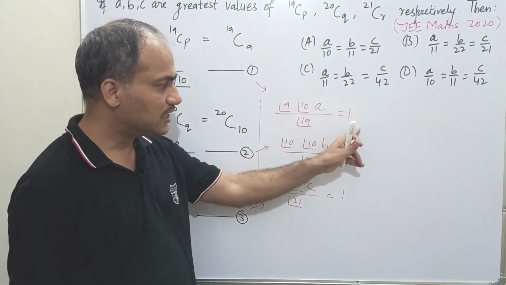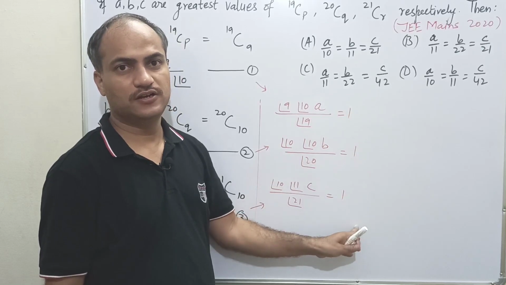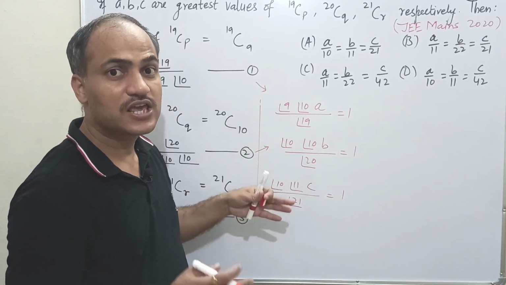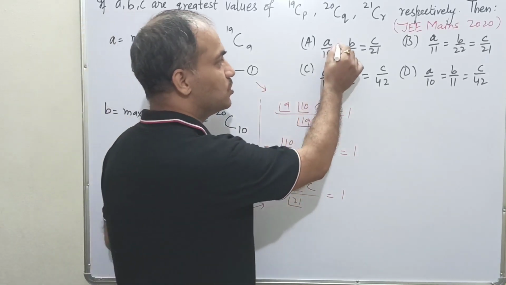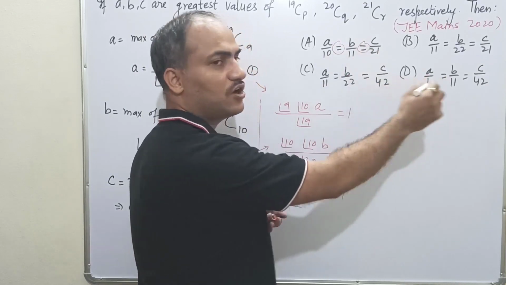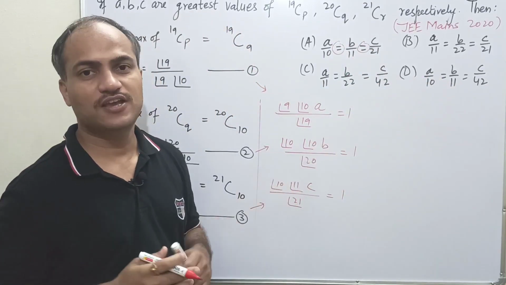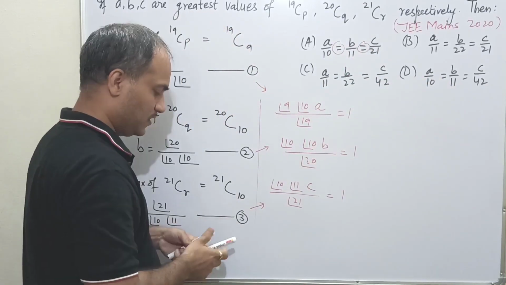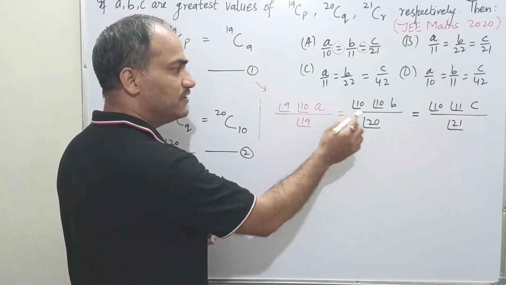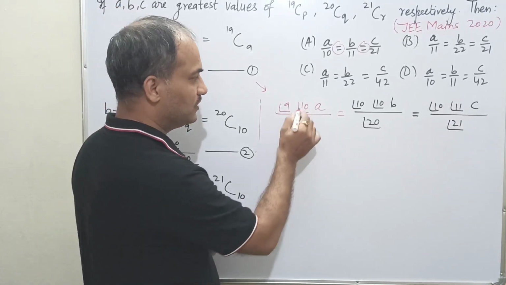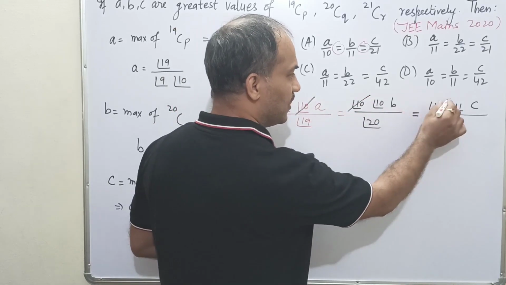So now we see that these three values are actually 1. So these three are equal. We can equate them, so the equal to sign which was there in the options, now we can easily introduce. Now can we simplify these? We see that factorial 10 is everywhere.